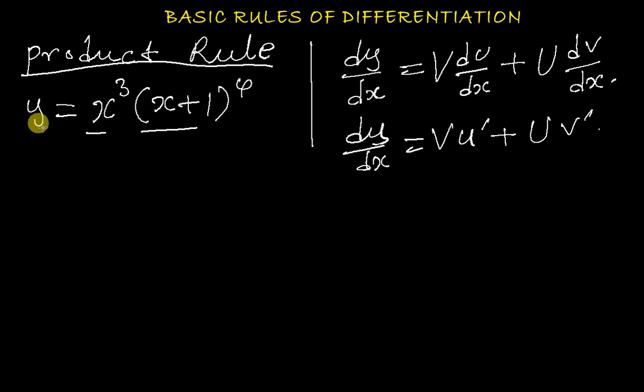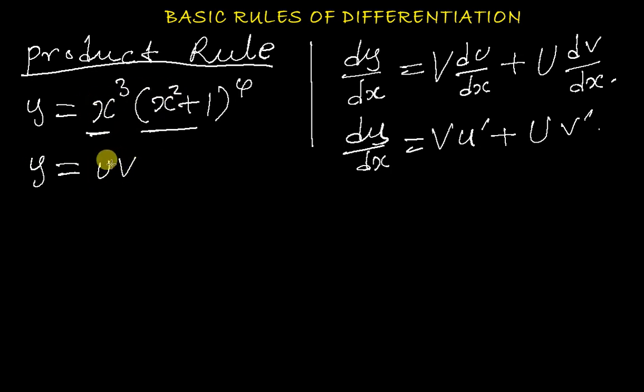So let's take this same example here. Okay, let me put a squared here so that it becomes more interesting. The function that you are differentiating using the product rule is supposed to be u times v.